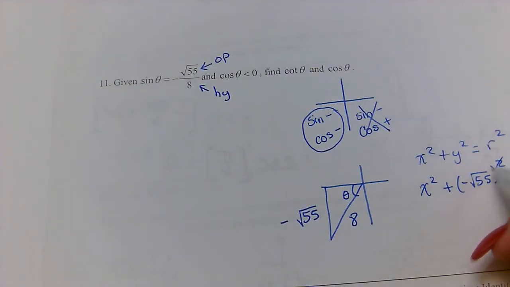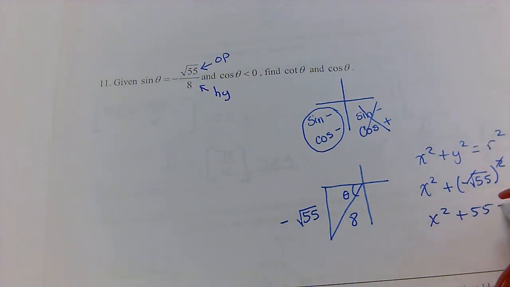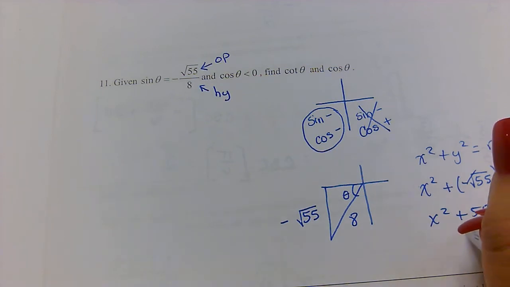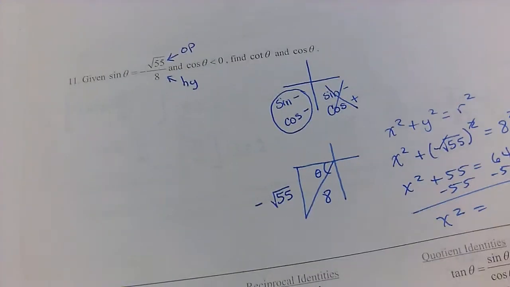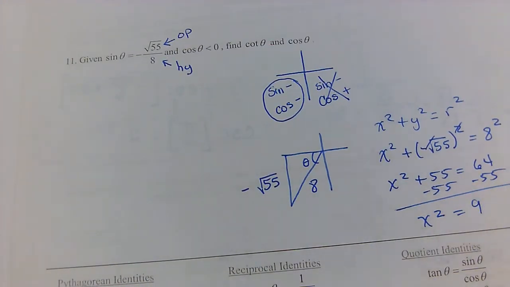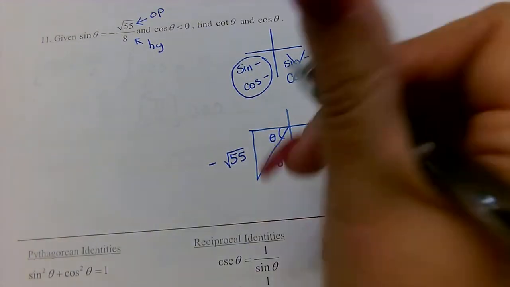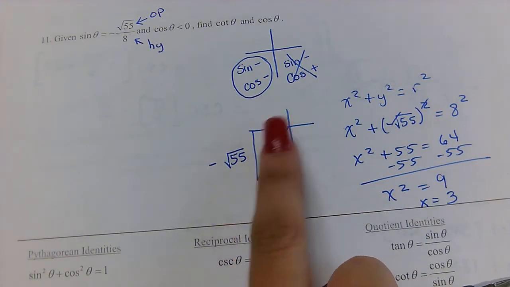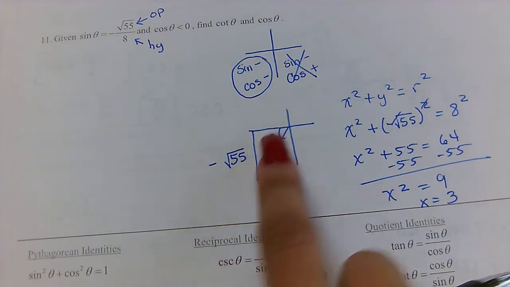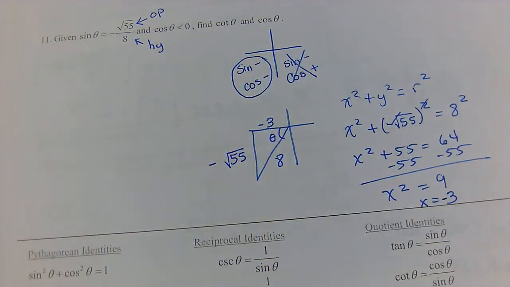Okay, this cancels with this, so I have x squared plus 55 equals 64, and subtract. x squared is equal to 9, which means x is equal to 3. Now, it could be a plus or minus 3, but because we're in quadrant 3, it has to be a negative value. So here I'm going to say negative 3.